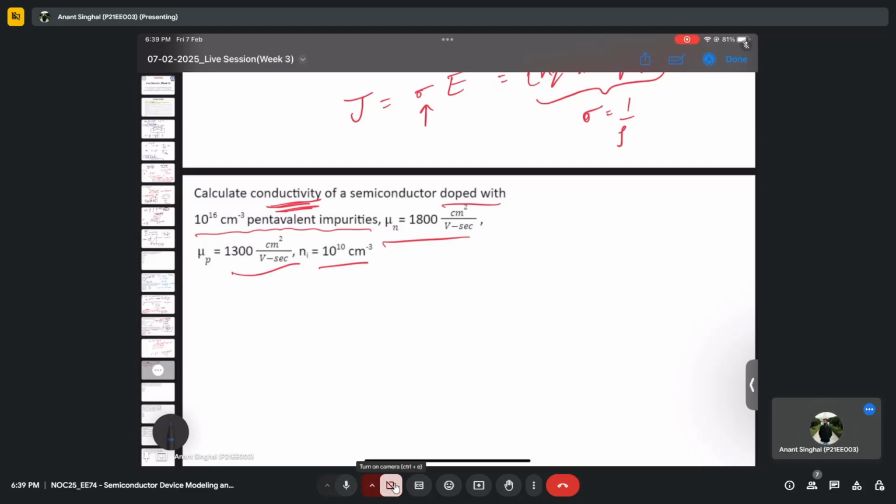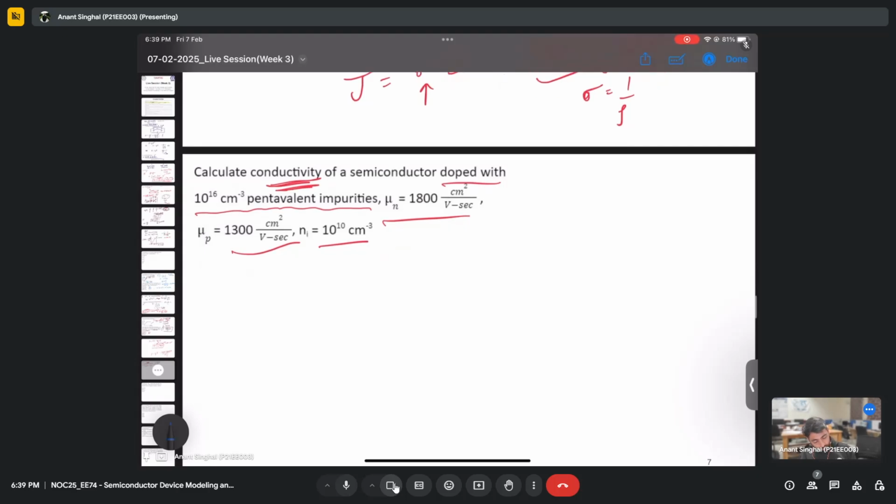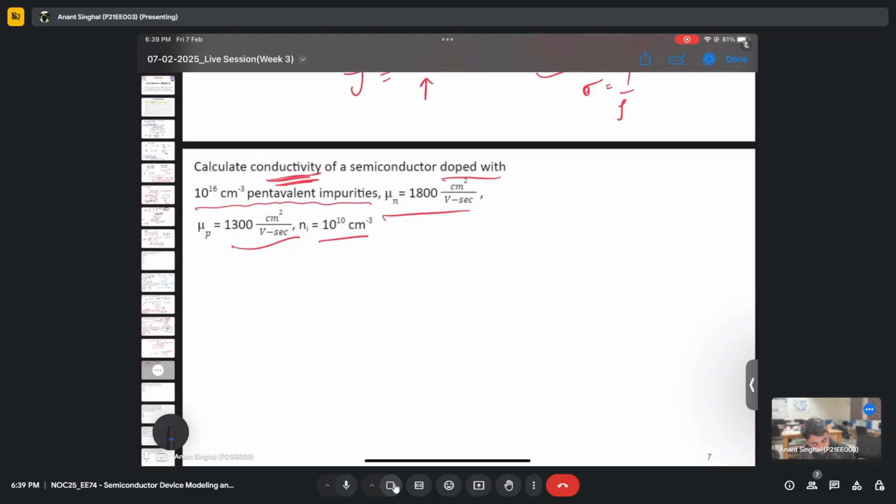Okay. So anyone wants to explain the approach that they have followed? Anyone? Okay, so let me do it. First of all, it says that the semiconductor is doped with pentavalent impurity. So what does it mean?